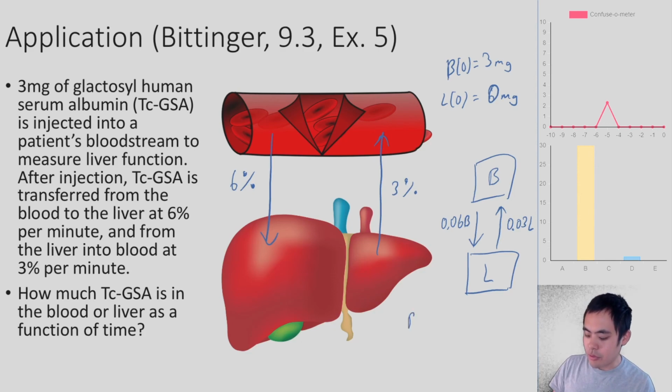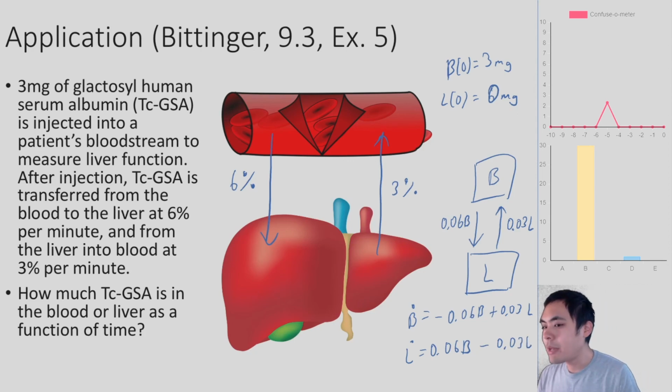And when we do that, we can write a two-compartment model, and in this sort of two-compartment model, you end up getting a homogeneous system of first-order linear differential equations. B dot is equal to minus 0.06B plus 0.03L. And L dot is equal to 0.06B minus 0.03L.